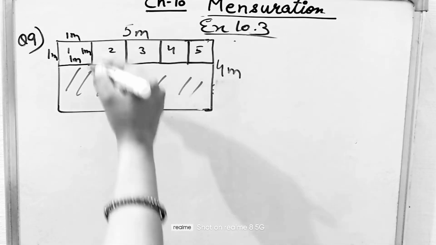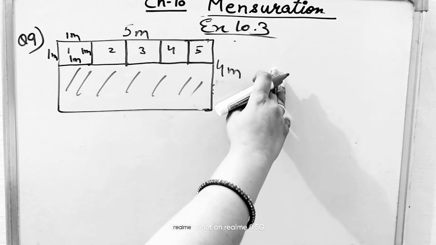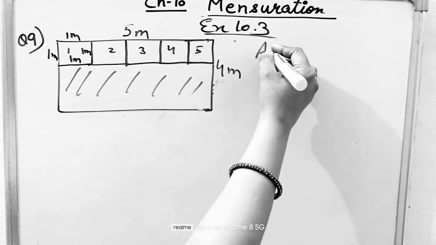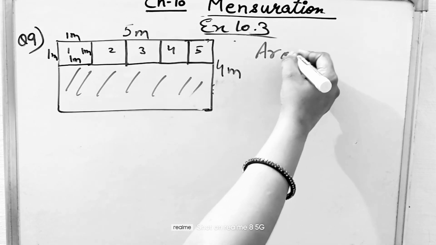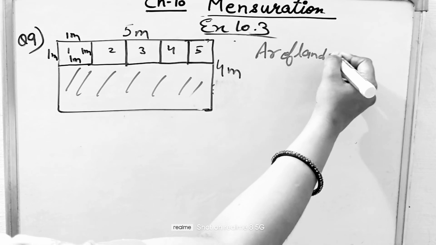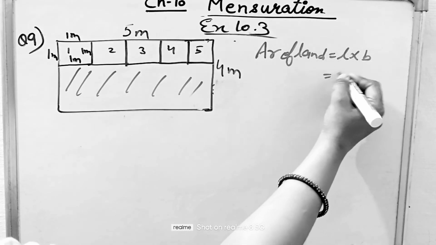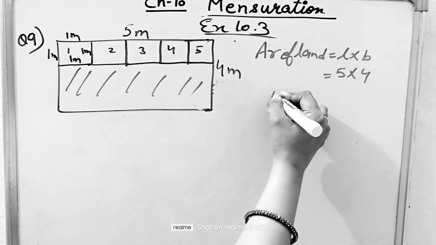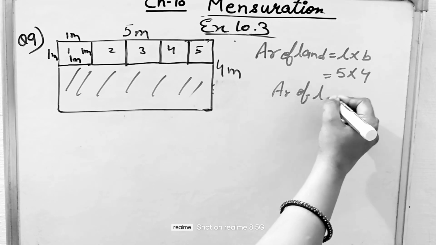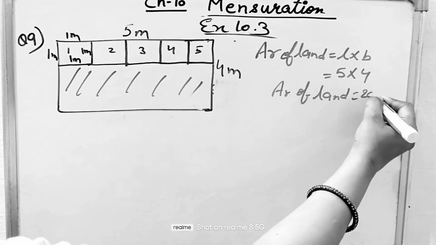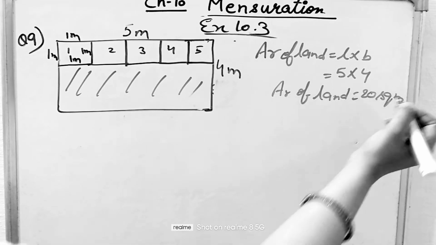Firstly, let's find the area of the land. Now I am not writing statements, but you will write statements. I am directly finding the area of the land. That is length multiply breadth. Length is 5 and breadth is 4. So the area of land is 20 square meters.